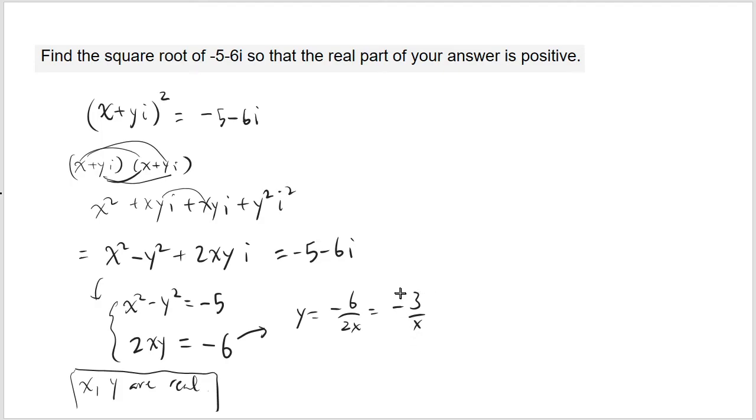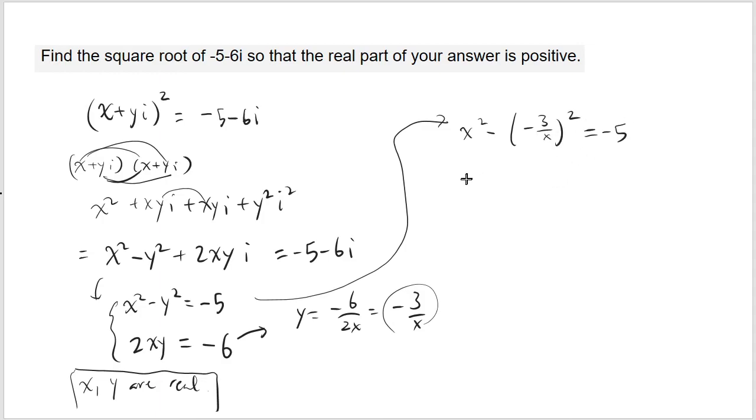And that can be plugged in for y here, because that's y, right? So the resulting equation is x squared minus (-3 over x) squared equals -5, and x squared minus 9 over x squared equals negative 5.